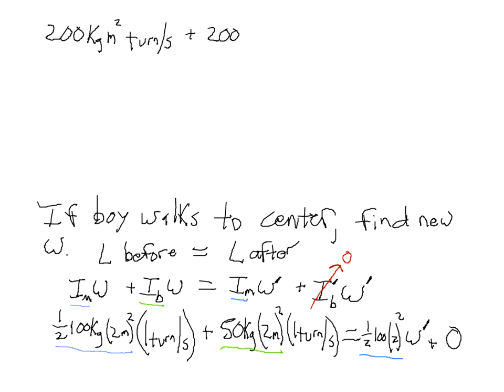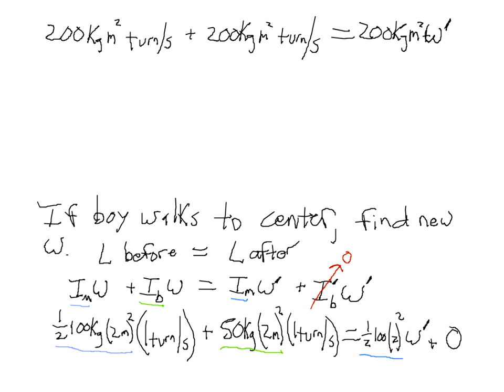200 kilogram meters squared turn per second equals 1/2 times 100 is 50 times 2 squared, 4. 4 times 50, 200 kilogram meters squared, not turn per second, because now I'm going to multiply by omega prime, and that's what I'm solving for.